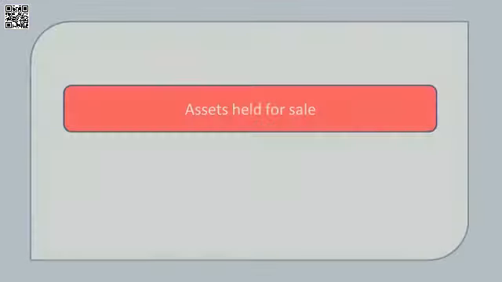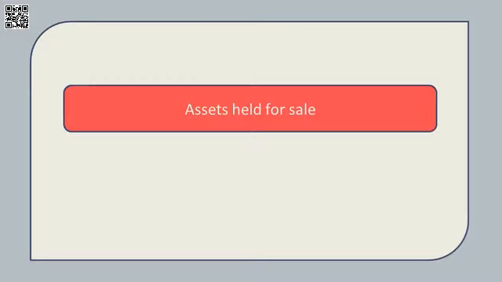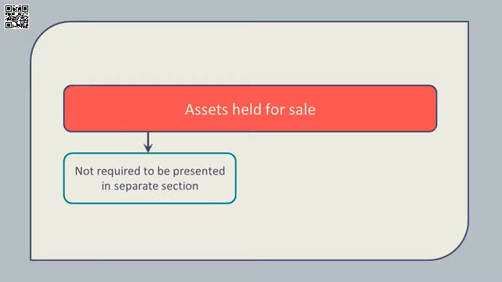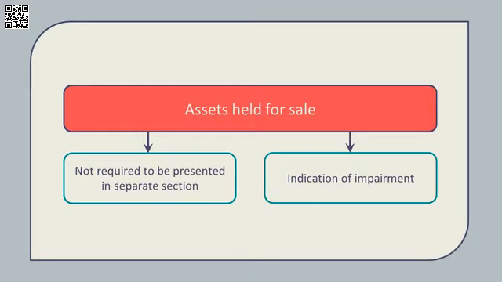The standard doesn't require non-current assets held for sale to be put in a separate section. It identifies assets held for sale as an indicator that the asset is impaired, as you should already know that assets held for sale must be classified as such in the financial statements under IFRS 5.